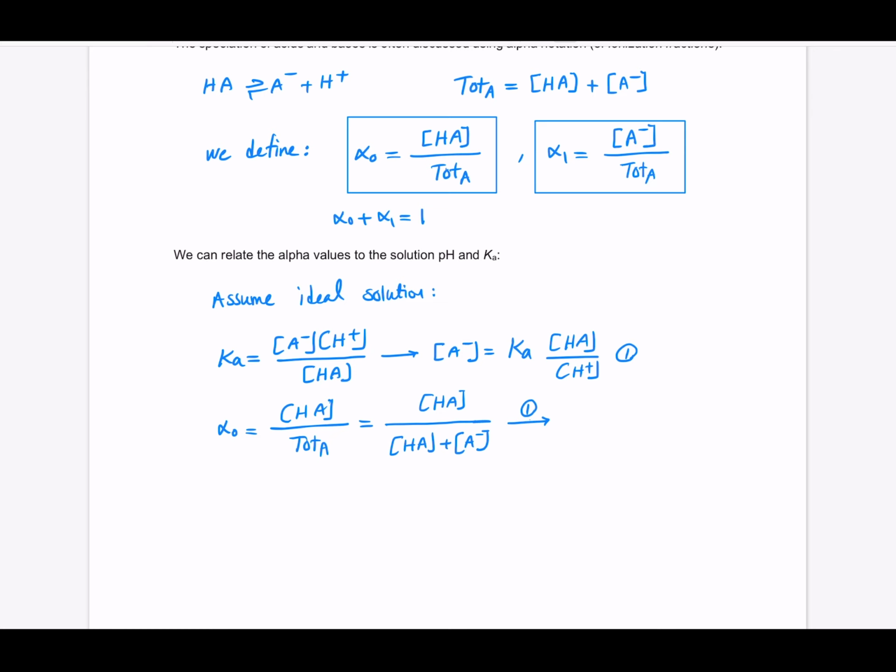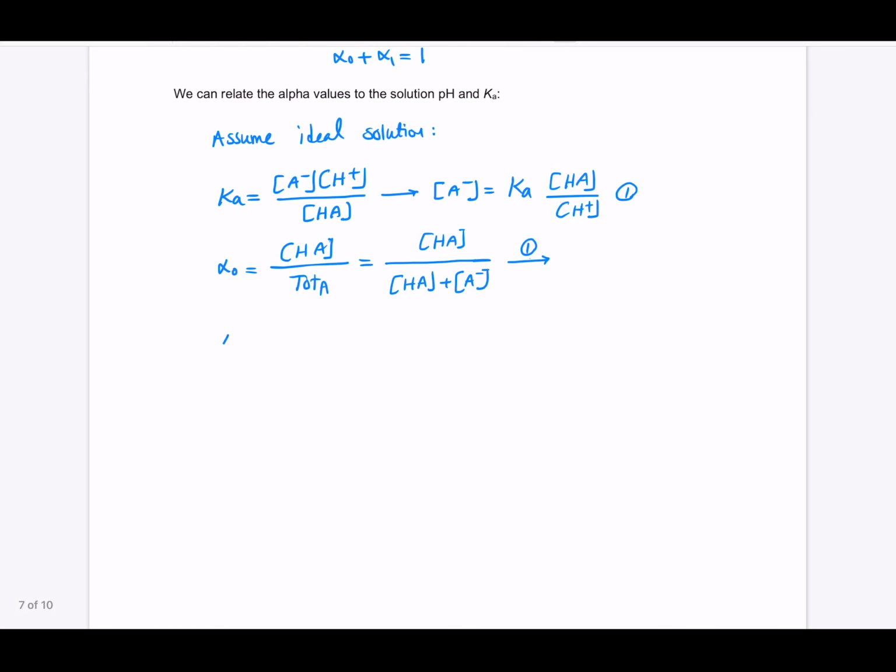So if I do that, then alpha 0 would be HA divided by HA plus Ka HA divided by H plus. Now you see that we can basically simplify it by getting rid of HA.